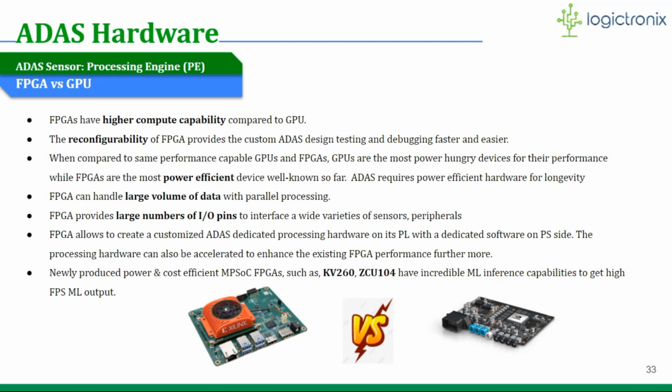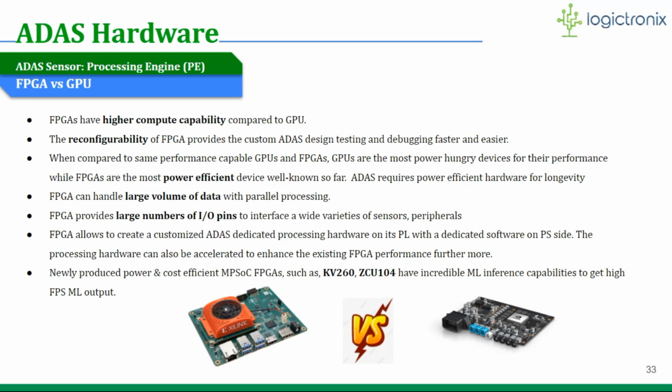Okay, let's find out why FPGA is rapidly emerging in the ADAS field against GPU. Here are a few points that highlight the FPGA capabilities over GPU. FPGAs have higher compute capability compared to GPU, and the reconfigurability of FPGA makes custom ADAS design testing and debugging faster and easier.